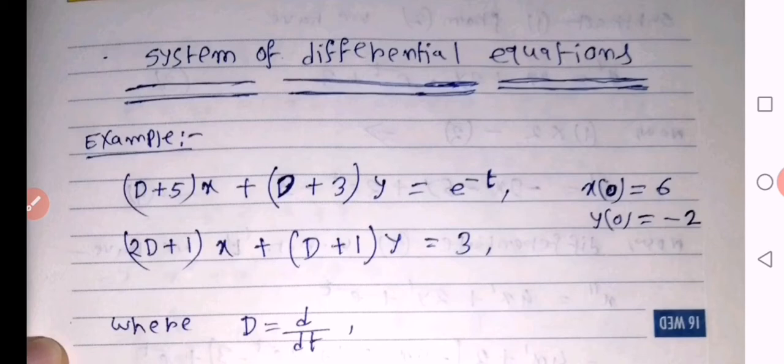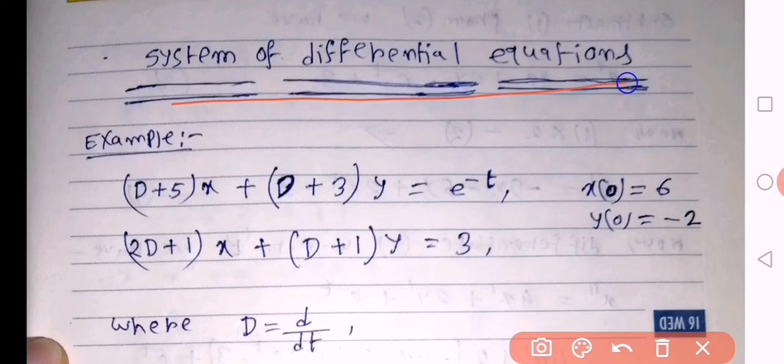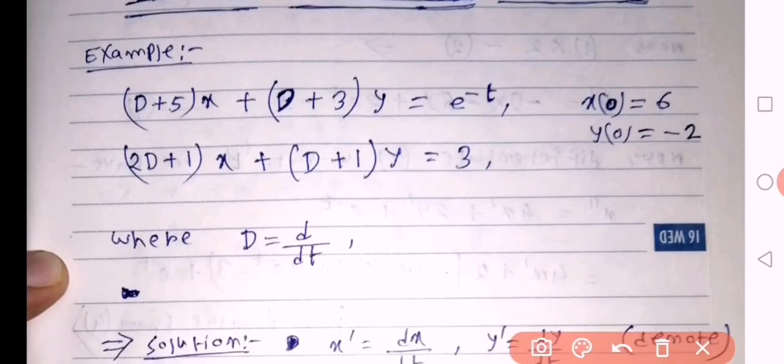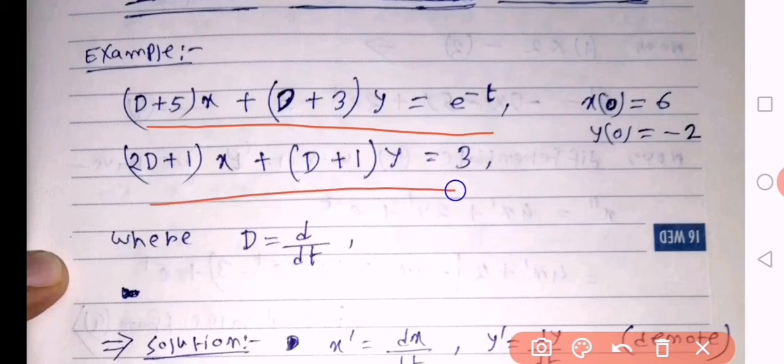In the next, we will learn system of differential equations, which is of first order, system of linear differential equations. So, in the first example, we have chosen this differential equation (D plus 5) into x plus (D plus 3) into y equal to e to the power minus t, and the second equation is given by this, where these two initial conditions are given.